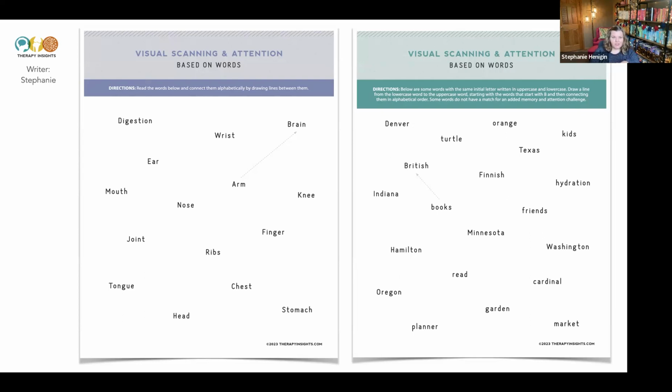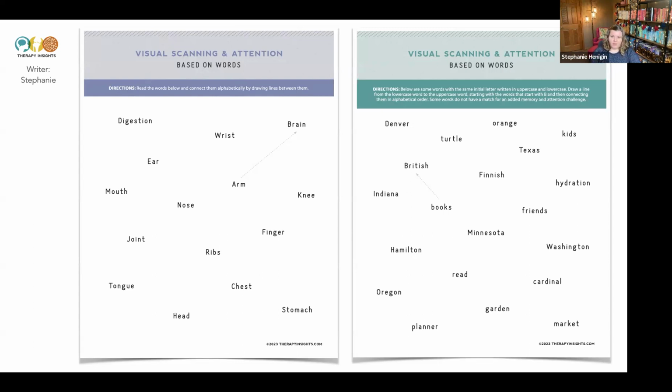So the first one, the directions, you want to read the words below and connect them in alphabetical order. So with that one, there's all words that have a capital initial letter. On the second one, we wanted to go a little bit more in depth. So a patient has to pay attention to uppercase and lowercase, but then there's also an added element where some of the words have a capital, like British, and then books.